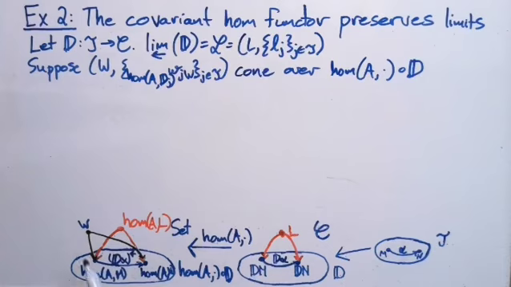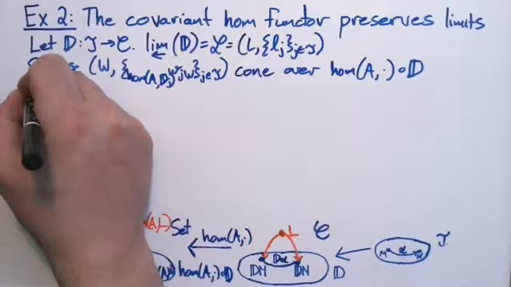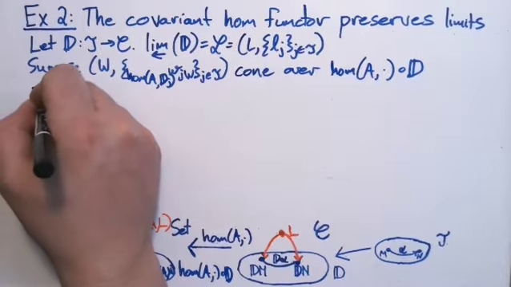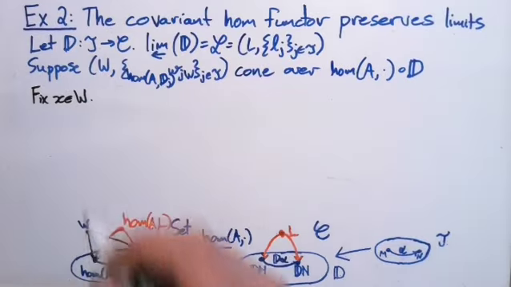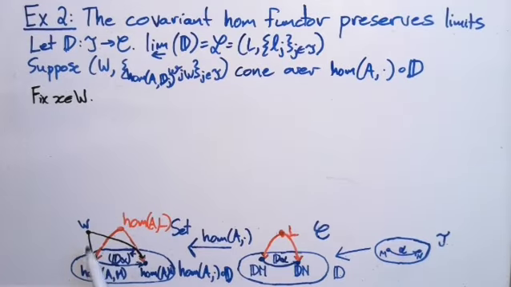Well, remember that W is a set in the category of sets, so it makes sense to talk about elements of W. So let's fix one element of W, maybe call it x. Then what are these mappings W_j, for each j in our index category?